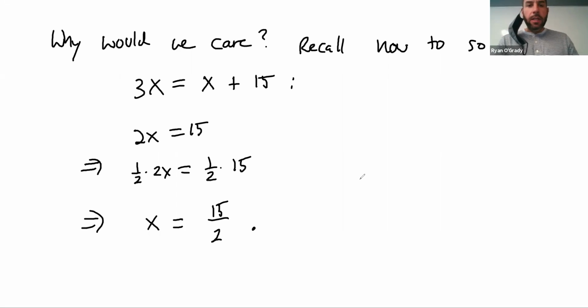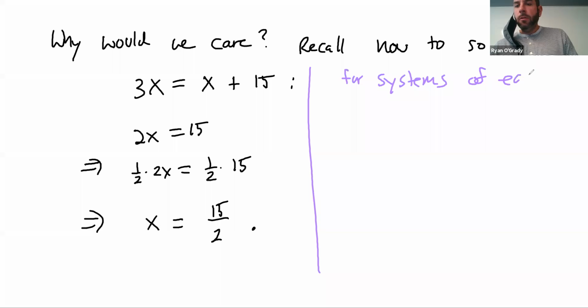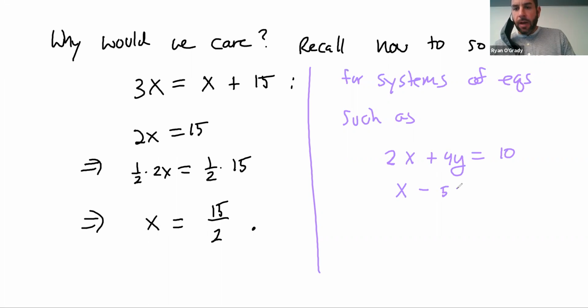So here's the analogy. For systems of equations, here's one that you may have studied in an algebra class. Maybe you want to solve 2x plus 4y equals 10 and x minus 5y equals 20.